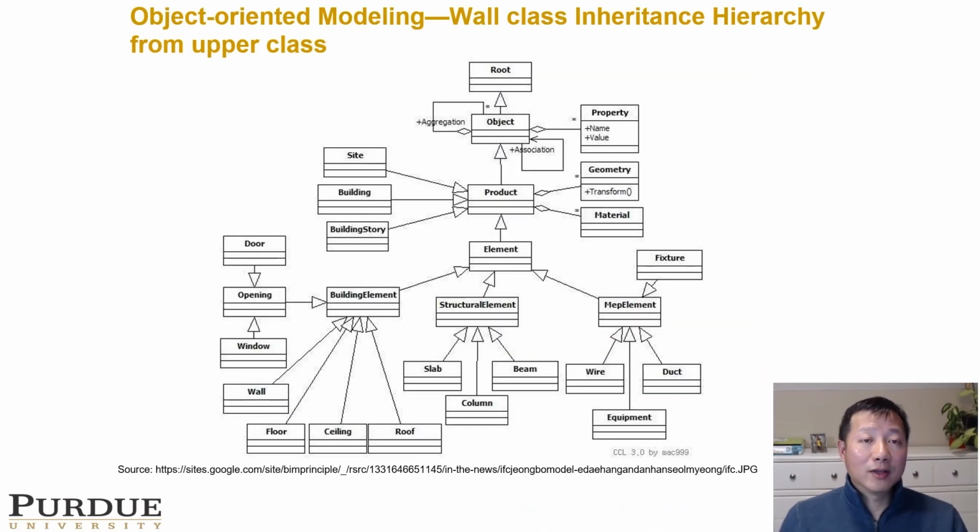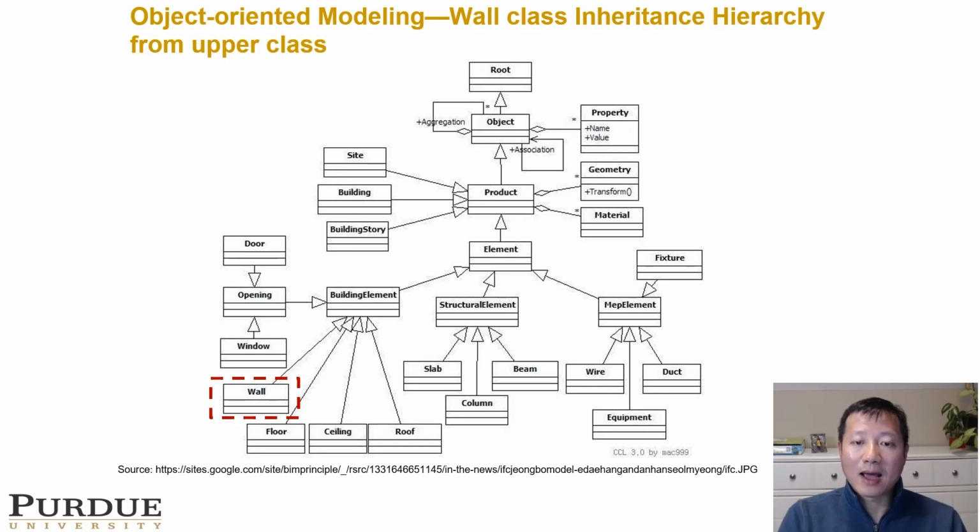Apparently, wall is not the root node, right? This one shows the Industry Foundation Class, which is an open standard object-oriented model. And no matter which BIM tool you use, such as Revit or other BIM software packages, they all implement this IFC structure. So in this IFC structure, as you can see, we have wall.